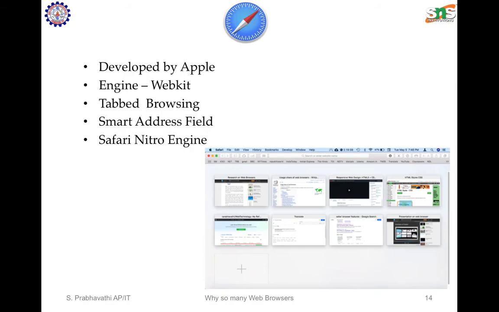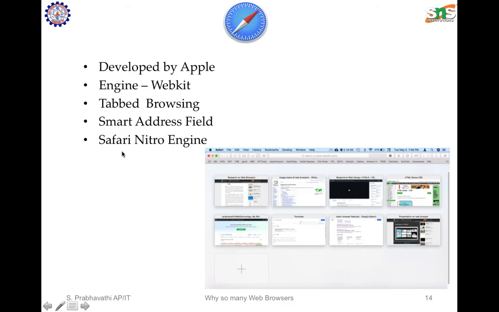Remembering those long URLs can be difficult for us, so this feature allows us to type in the title or the topic of the page which we recently viewed, and that will be displayed as a suggestion for the user.